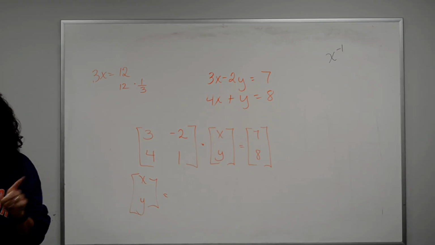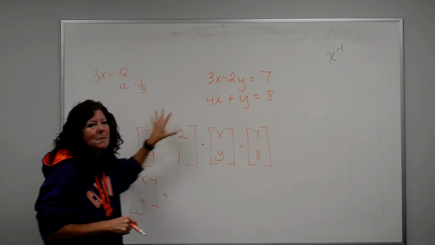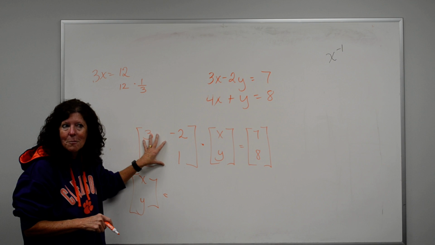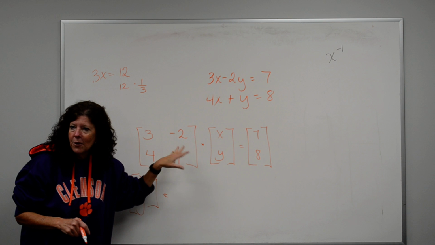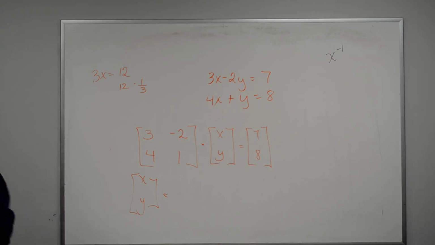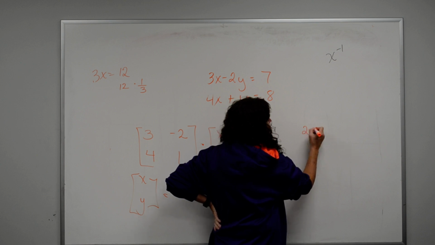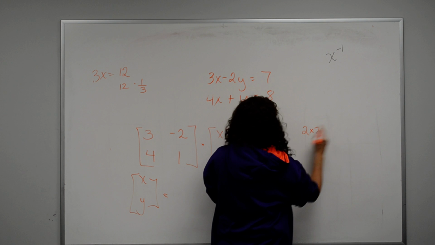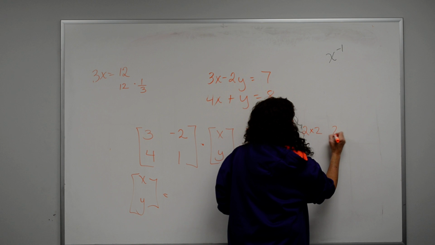Now I can't do it the other way around. I can't do this times the inverse of that. Remember, there's order to multiplication. What are the dimensions of the inverse of this? 2 by 2. Now, think about it. A 2 by 2 times, and what are the dimensions of this? 2 by 1.